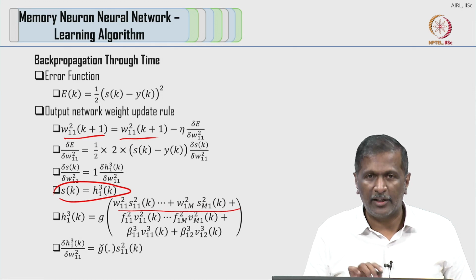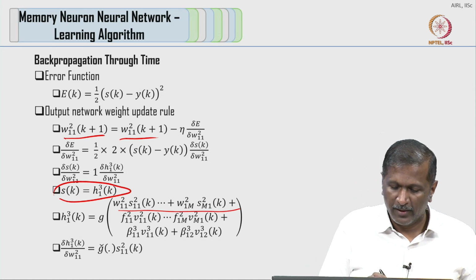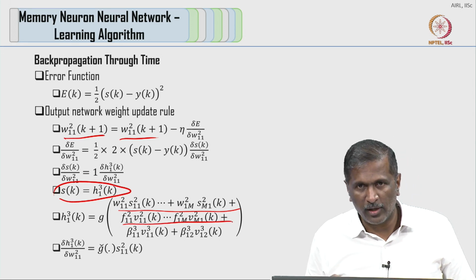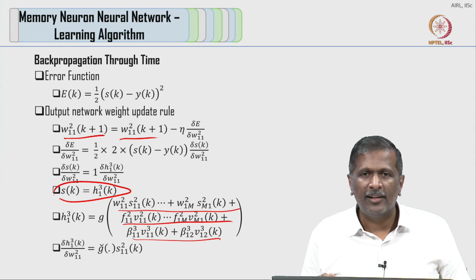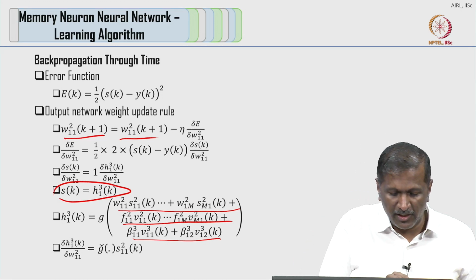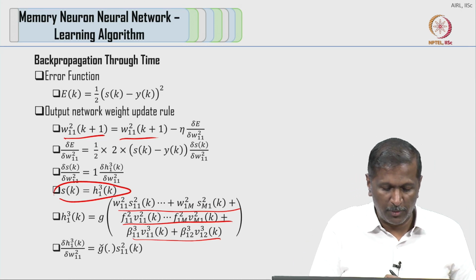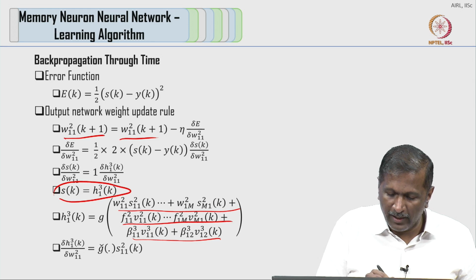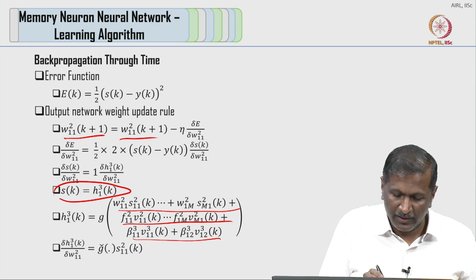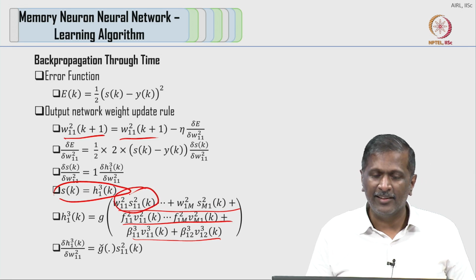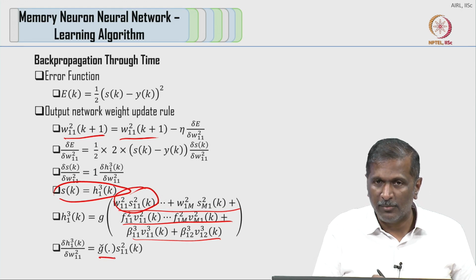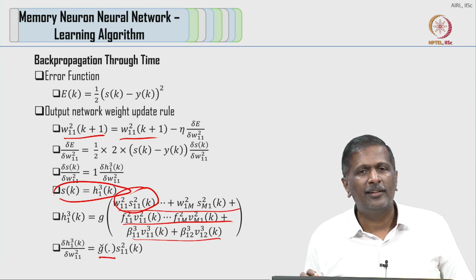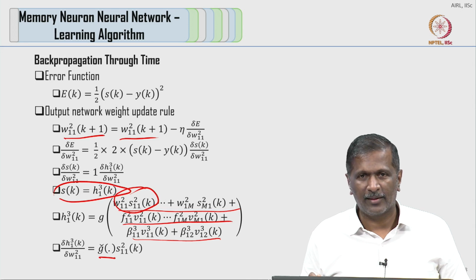Remember H11 of 3 is nothing but the activation function applied to the effect of the network neurons in the previous layer plus the memory neurons in the previous layer plus the corresponding network neurons. If I am differentiating H11 of 3 with respect to W11, all other terms will become 0 except the first term. So we will get the derivative of the activation function times S11 of 2 of k.